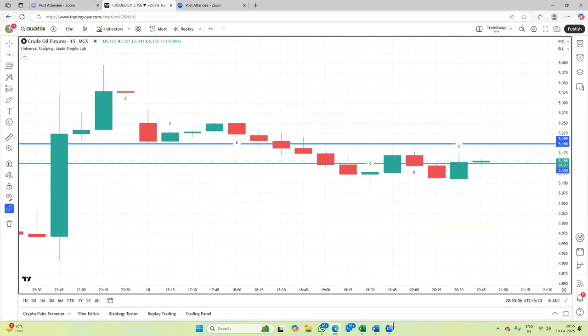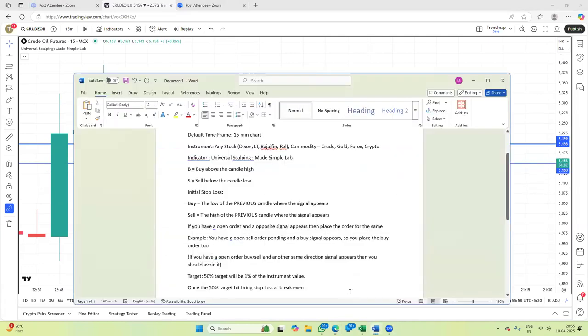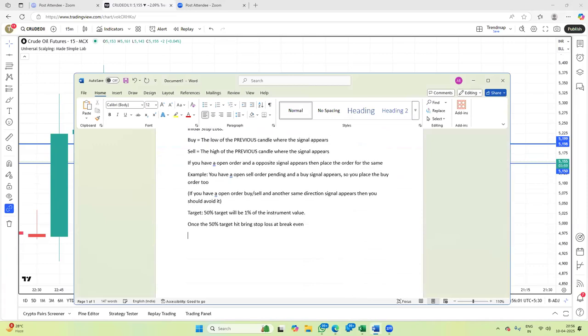Now, the next signal may appear in line with your trade or in the opposite direction of your trade. So we will use it as a trailing stop loss.